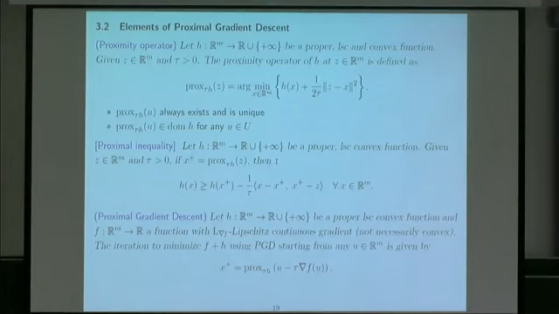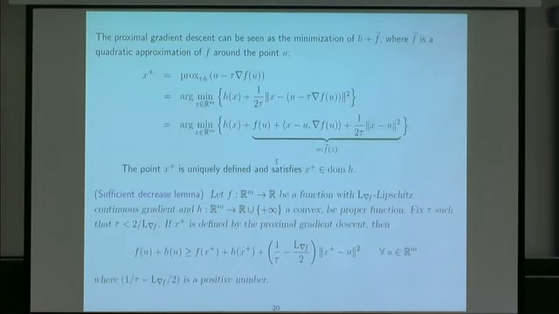The proximal gradient algorithm, maybe you remember, is defined in this way. Finding the next point using a proximal gradient step can be seen as the minimization of a quadratic approximation of the function around the current point u.